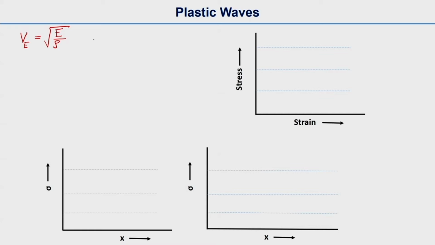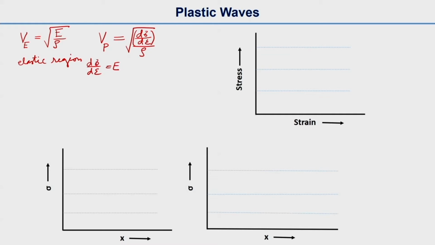Even if we see both the equations, V elastic and V plastic, which is d sigma d epsilon by rho. Here in the elastic region, d sigma d epsilon is E.